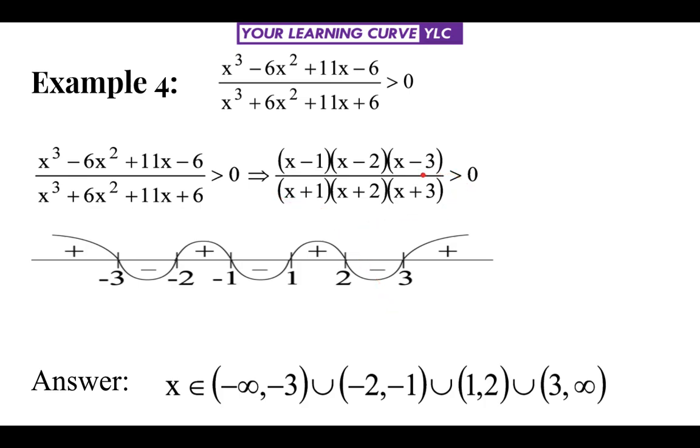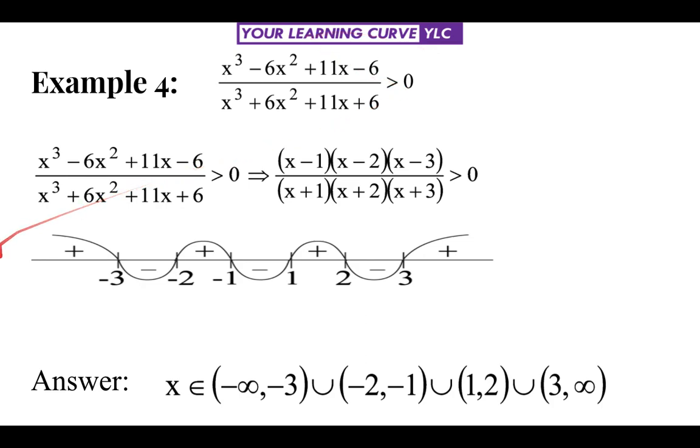Here certain things are written in the denominator, so function will be undefined for minus 1, minus 2 and minus 3, but we don't need to consider this because there is no equality, means we don't need zeros for our answer or undefined, so we don't need to consider that. So we'll be only taking the signs of the intervals because equality is not required. So when we cross 3, we'll change the sign from plus to minus, then minus to plus, then plus to minus, then minus to plus, then plus to minus, then minus to plus. This is the sign diagram for this function.